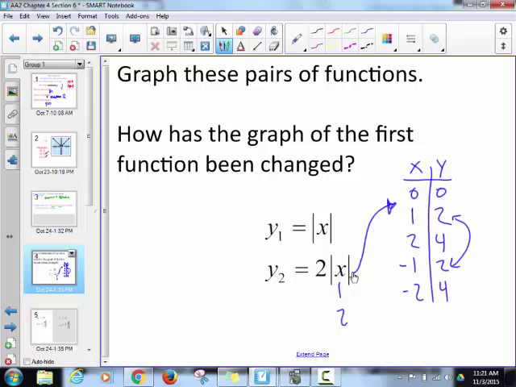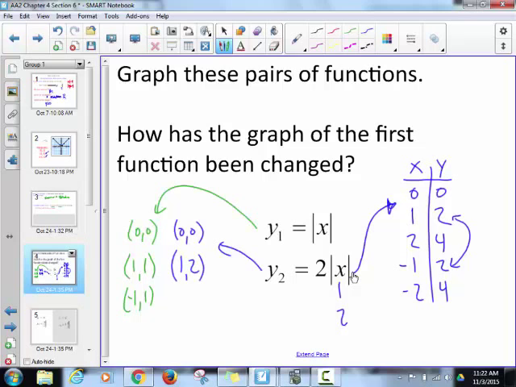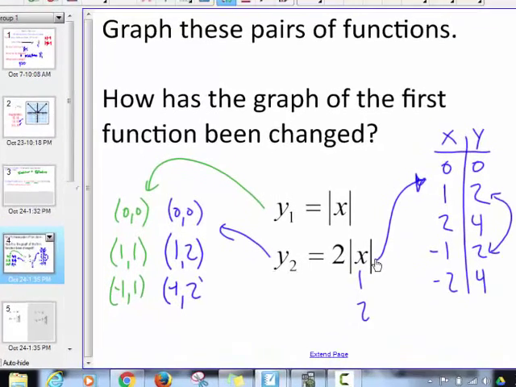So let's think about how that got adjusted from our parent graph. So our parent graph started with 0, 0, and then what happened when we multiplied by 2? Same thing, still right at 0, 0. But then our points 1, 1, and negative 1, 1 got adjusted to what? Well, it went to 1, 2, and negative 1, 2.